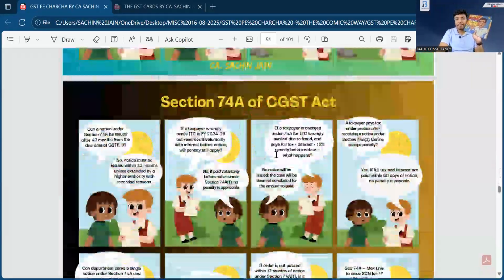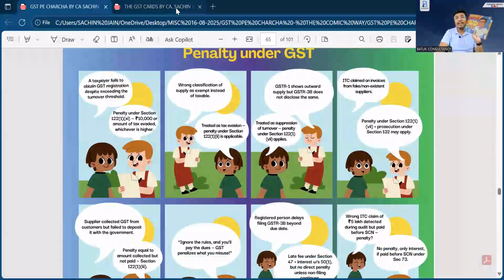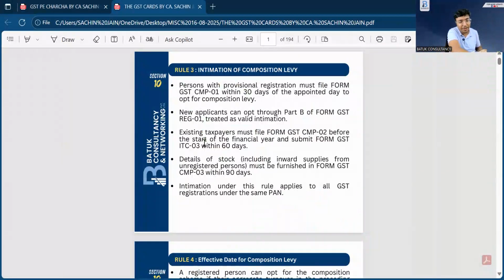So this is the book in which we have covered multiple points, and these are our GST cards. Okay, you will get them in an attractive box. In these cards, we have covered the rule, like rule 3, intimation of composition levy. So we have covered 5 points and all the points related to the rule. And also we have given a linkage with the section, that rule number 3 is linked with section 10.